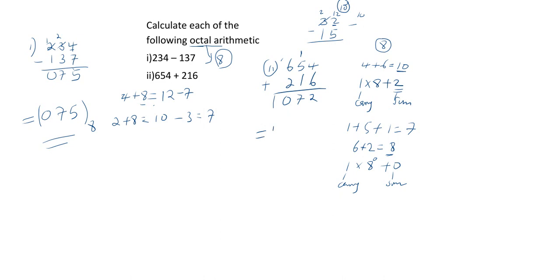So this becomes 1072 base 8. The same way, when we get 10, we don't write 10 when we are adding normal numbers. We write 0 carry 1. So the same thing applies here. When you get 8, you write a 0, you carry 1. So that is the solution for that question.